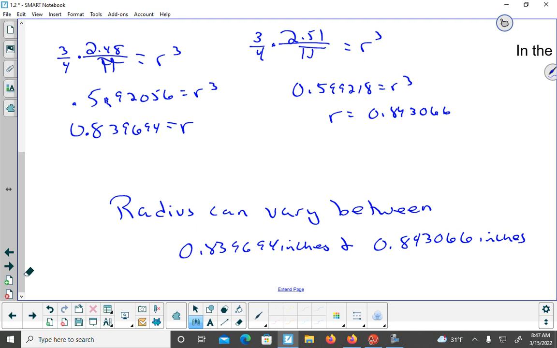Makes sense to you. You go to the highest volume, the lowest volume, figure out what the radius is. So in order to get an acceptable golf ball that meets the volume, your acceptable r values, or your radiuses, have to be between these two numbers.